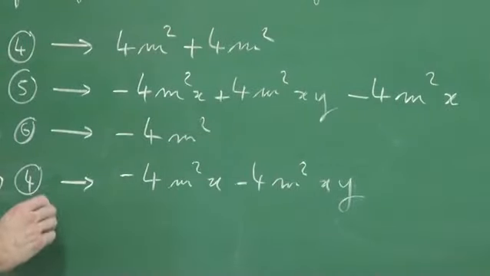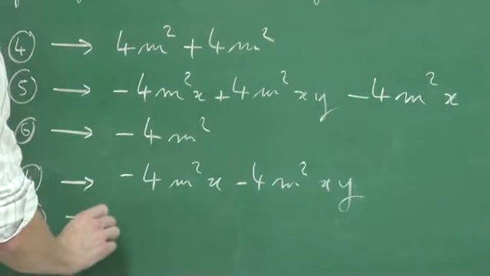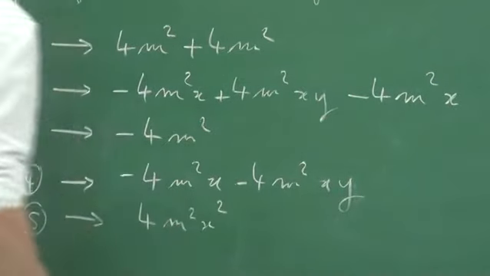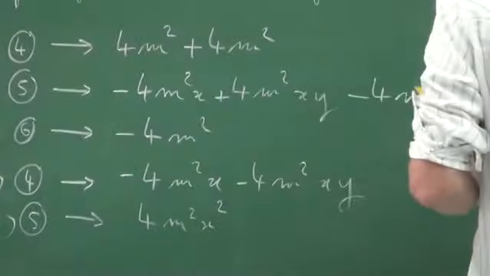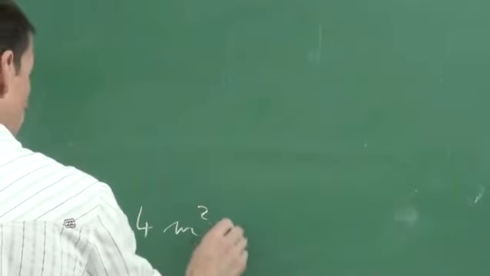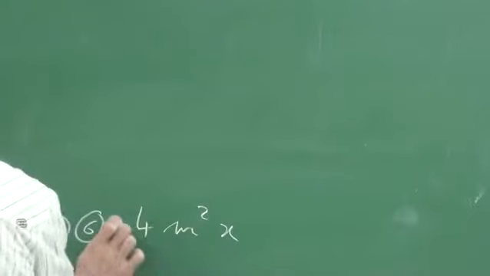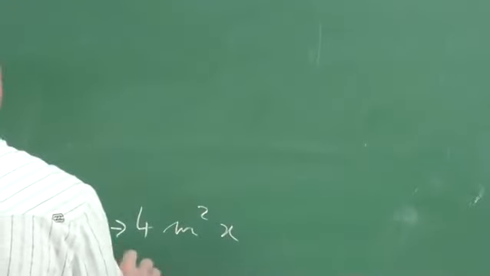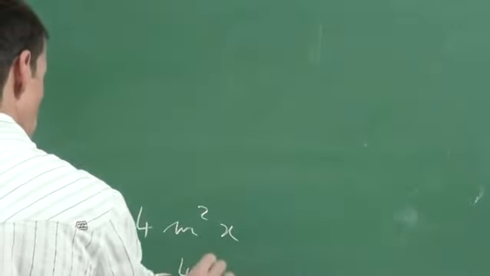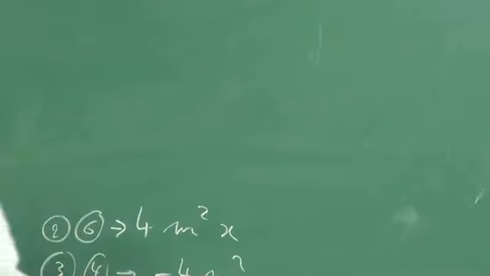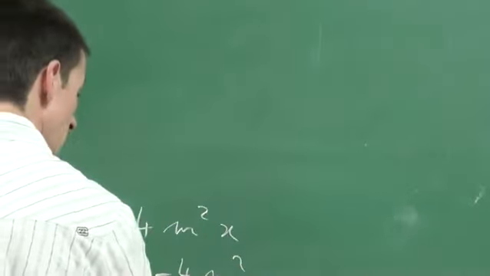2.5 is the 4 squared x squared. 2.6 is 4m squared x. 3.4 is minus 4m squared, and 3.5 is 4m squared x.